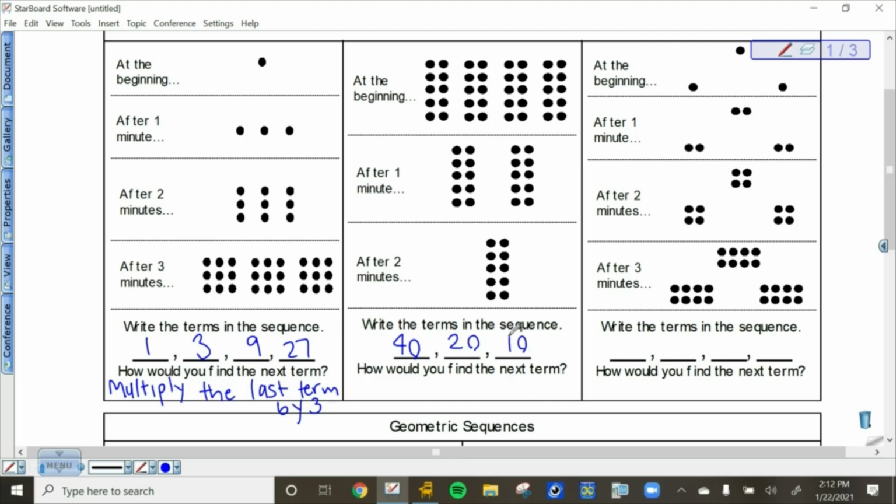So how would we find the next term? Divide by what? How do we get from 40 to 20? Divide by what? 2. Yeah, 2. And then how do we get from 20 to 10?